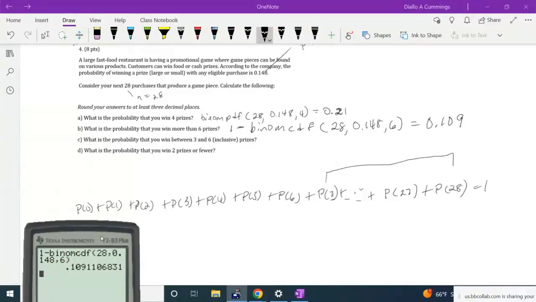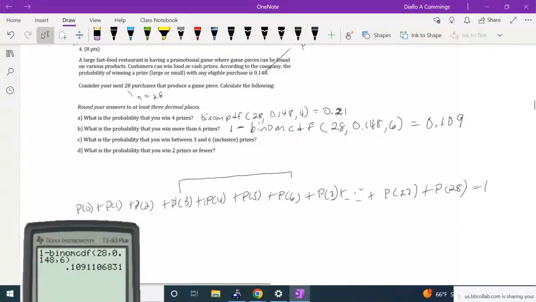All right, C says, what is the probability that you win between 3 and 6 inclusive? Inclusive means it includes 3 prizes and it includes 6 prizes. So these are the probabilities we want to find, 3 through 6. There's a long way and a short way. The long way is the easiest way, but the shortest way is the most complicated.